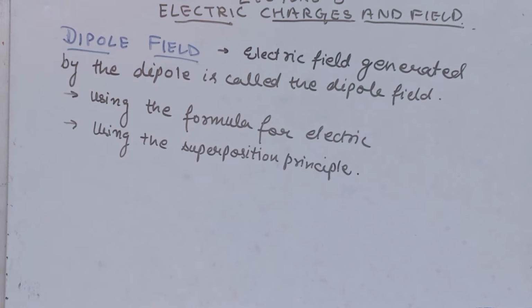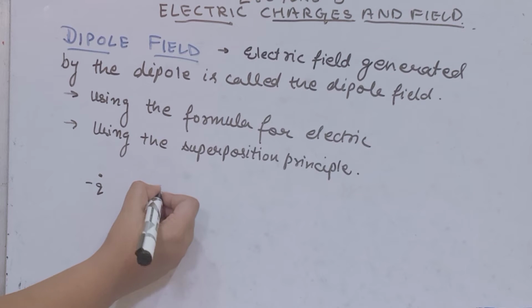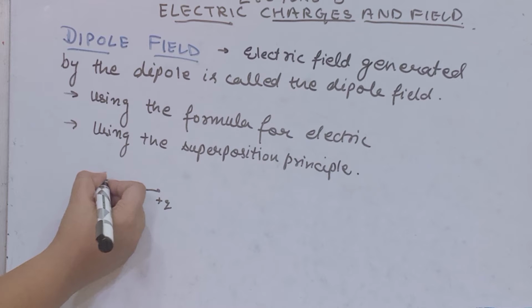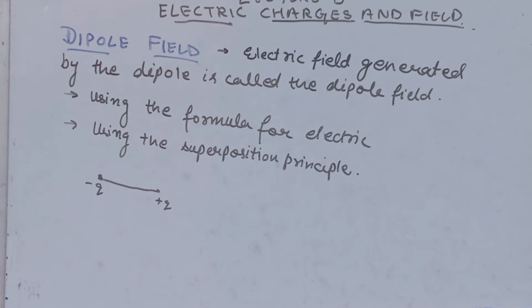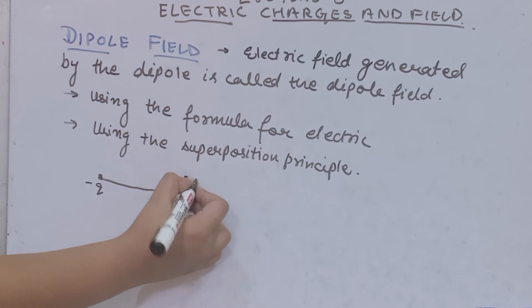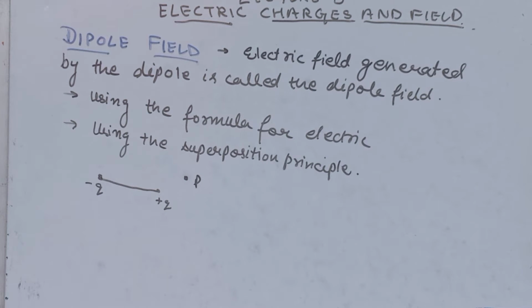Now see, we have this kind of situation, that is minus q and plus q, and this is the distance between these two charges. If we are asked to find the electric field at any point, say P, due to this system, how can we find that out?